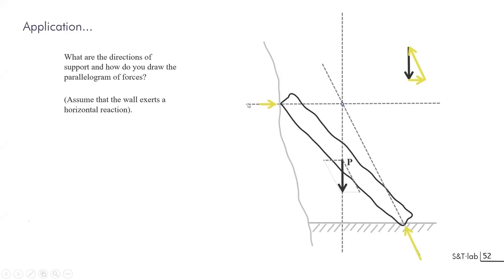As soon as you know the direction for the stone walls, which will be horizontal, you will get an intersection point between this line of action and this line of action. If you want to guarantee the equilibrium, you have to pass the third force through the material contact with the ground here and through this point, and you get the direction of the line of action of this force. And as soon as you have the direction of the three forces, you are able to build the force polygon here and demonstrate the equilibrium.